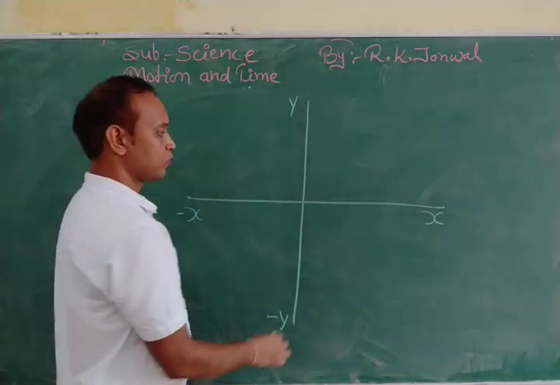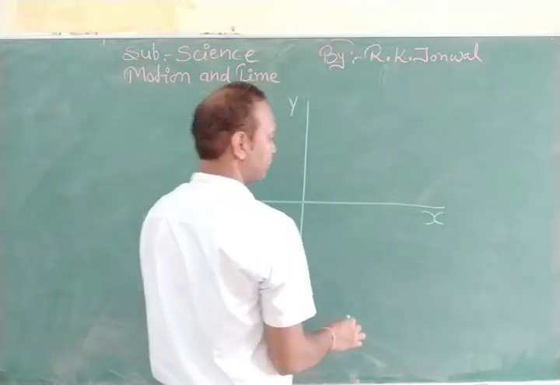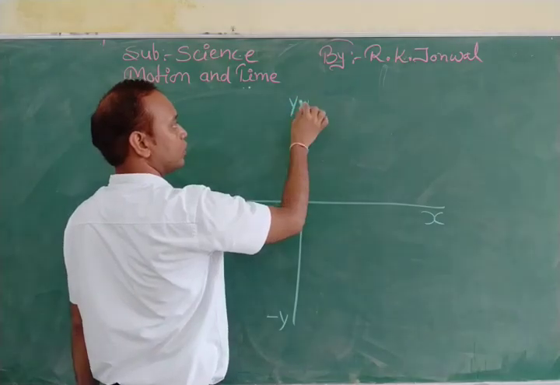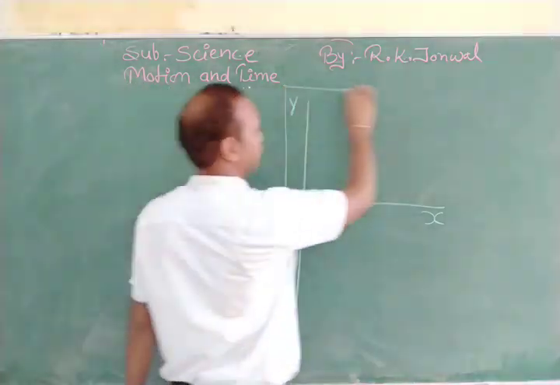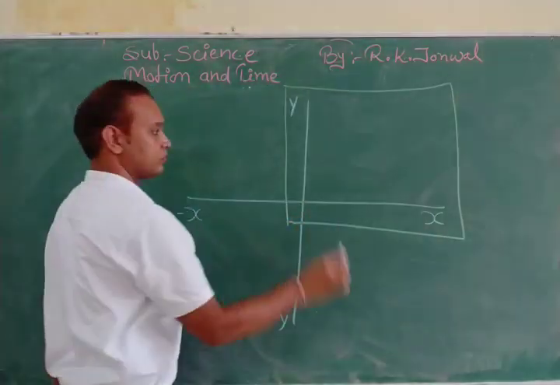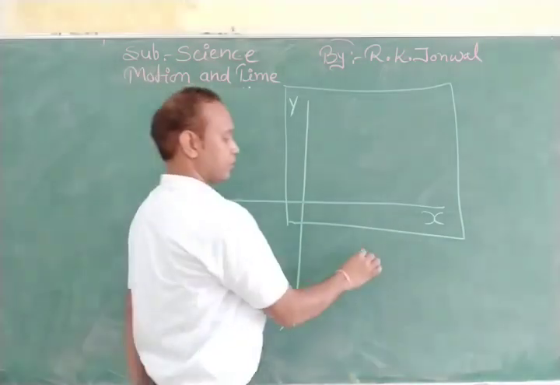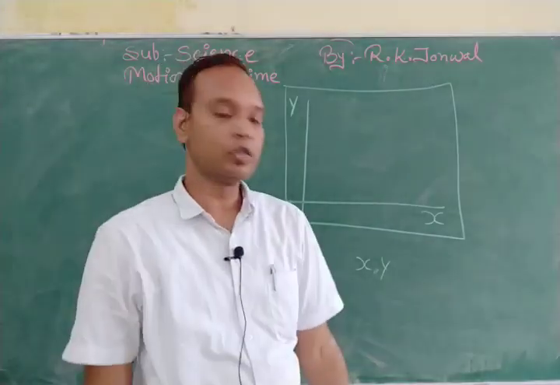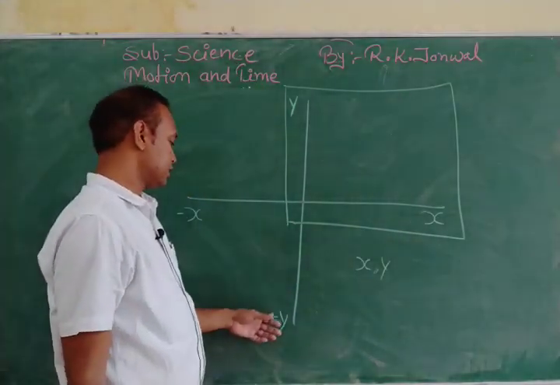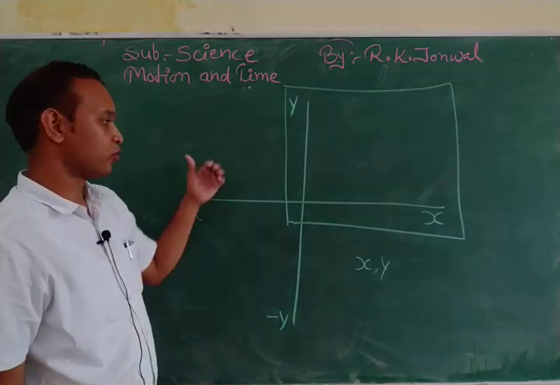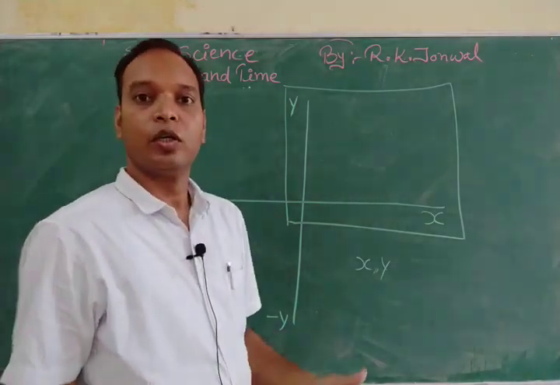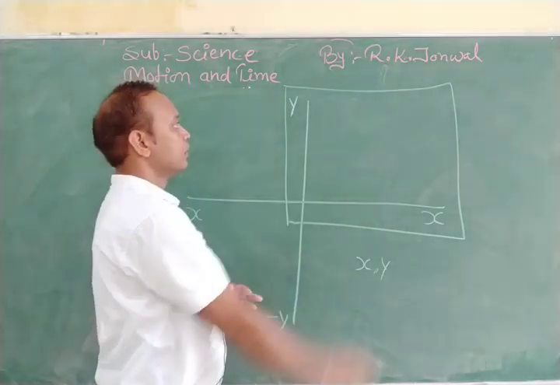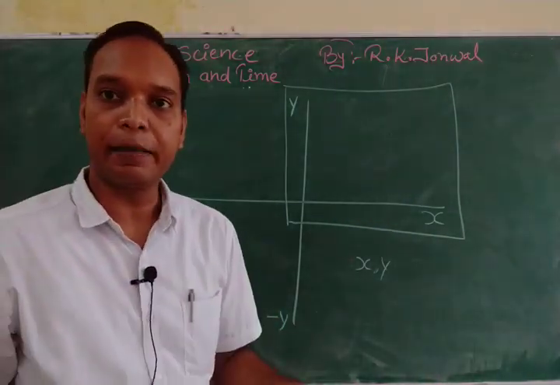If you want to plot a graph in your textbook, you can use that portion of the graph, that is x and y. You don't use negative dimensions like minus y, minus x. Okay, so now we learn how we can plot graphs.